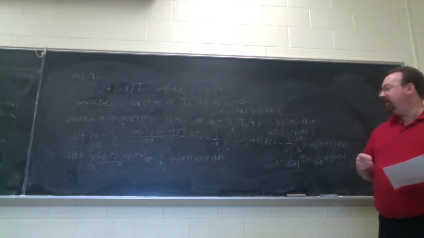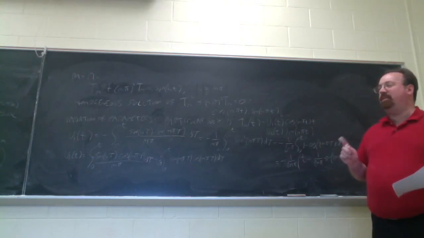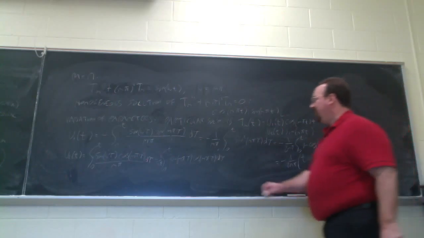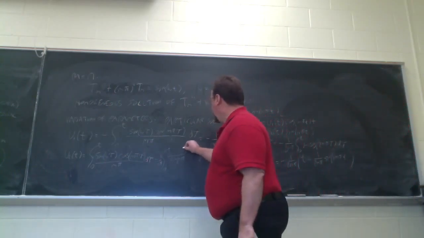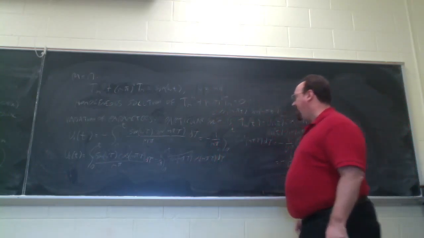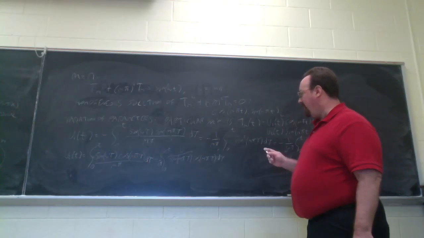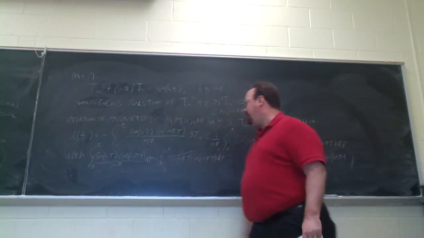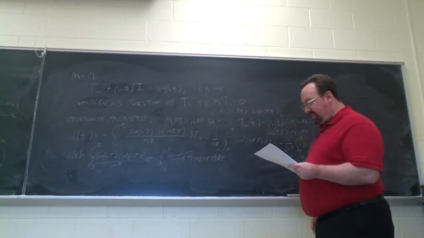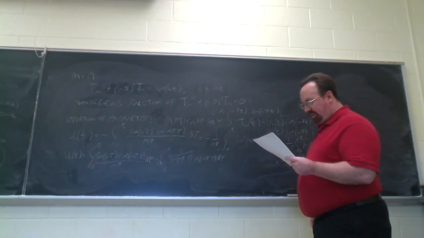You could use the double angle for sine. What's another way to integrate this? U substitution, yeah. This is your u, and then your du is m pi cosine m pi tau d tau. But then that m pi would cancel with this m pi. Actually, no, they'd be multiplied together.